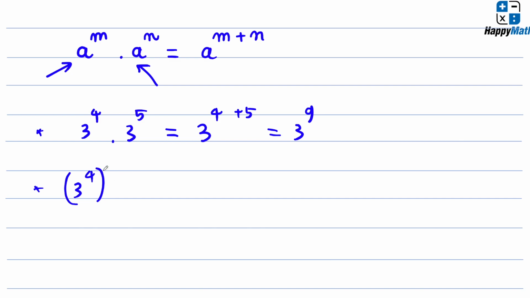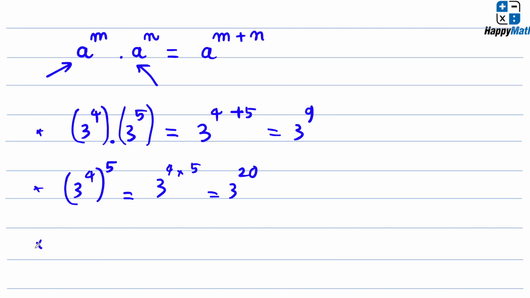So 3 to the power of 4 and outside you have 5. For this form, we use multiplication for the power number, and you get 3 to the power of 20. But for this one, you have two exponents multiplied together, and the operation you choose for the power number is addition.